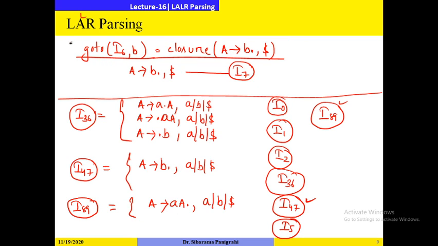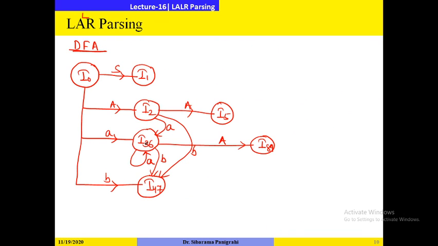Next, I6 by taking B as input moves to I7. I7 means I47. We have already drawn it. Okay, so we have drawn the DFA for the above grammar.